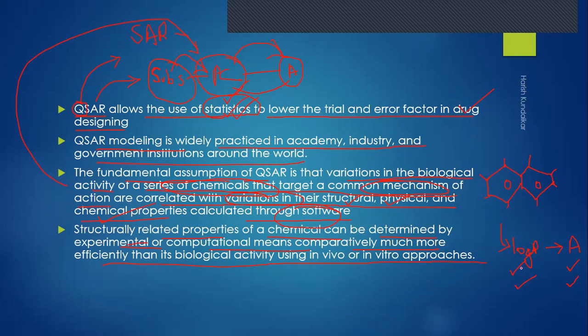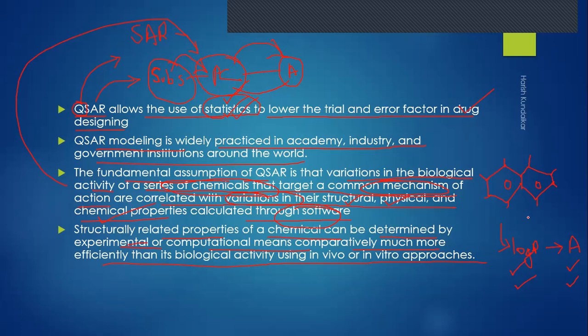So now we know the differences in log P and the corresponding differences in the activity when the structure changes, right? So we can derive equations using statistics. And we don't have to do it per se. In the beginning when QSAR started, the researchers used to do manual calculations. But now we have software to do that for us, right?